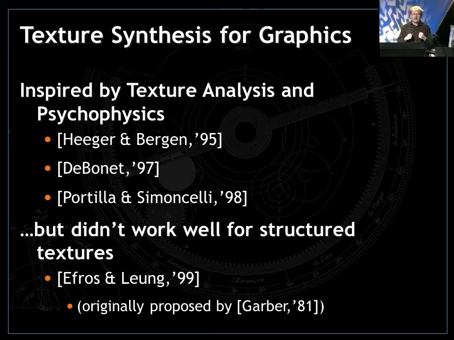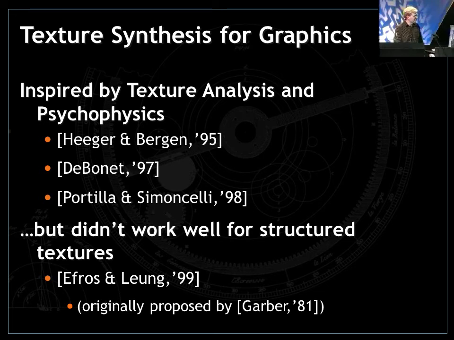The problem was that the algorithms performed very well on stochastic textures, but not so well on the more structured textures in the spectrum. And that's why my co-author Thomas Leung and I decided to try something completely different, a one pixel at a time synthesis algorithm to maybe tackle these more structured textures.